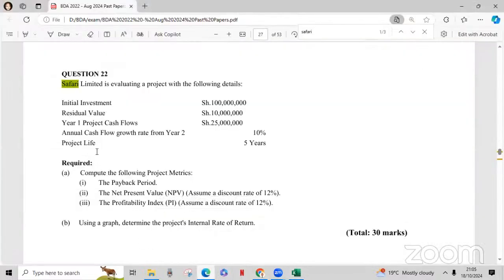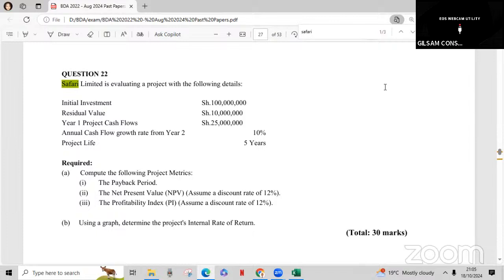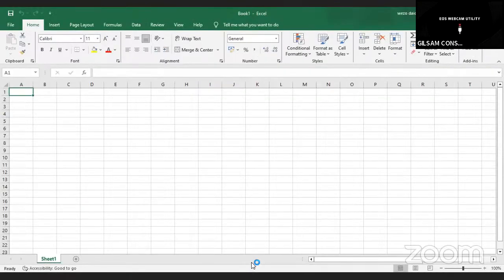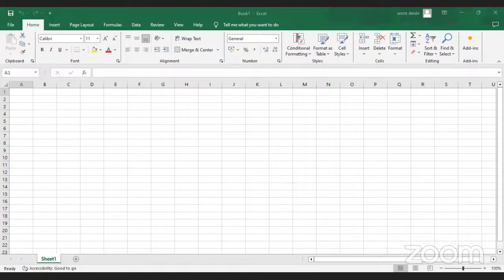Do you see now? It still has. You have to share the Excel, yeah. Do you see the Excel? Yeah, I see.